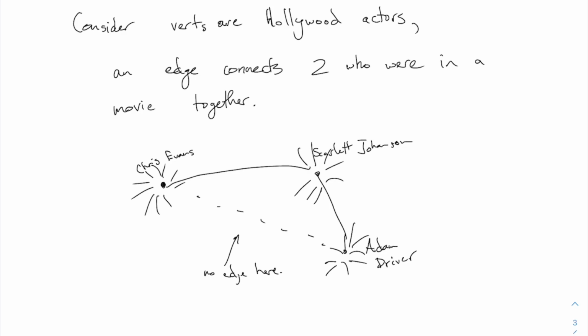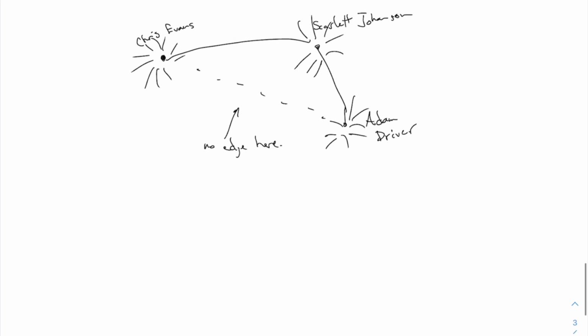Okay, so I can imagine this graph. Can we think about the properties that this graph might have? Now, you can't really draw the whole graph just because it's so big, but you can still think about it. For example, I could ask, what does the degree of a vertex represent?